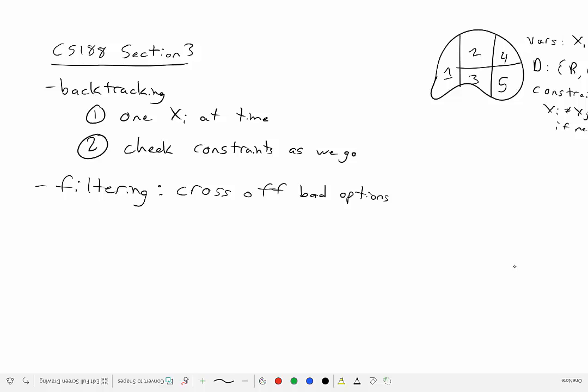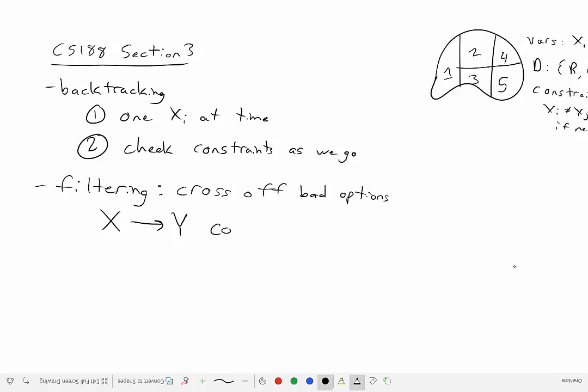When we talk about filtering, we're going to talk about arc consistency. So first, let's define that. Let's say we have a state x, and it points to a state y.